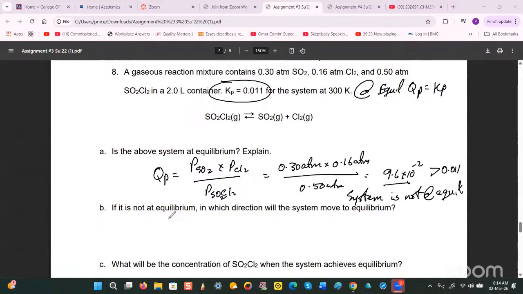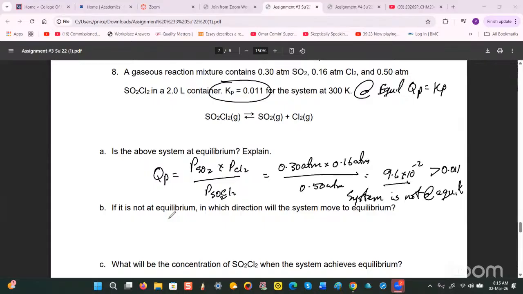So the question is asking in the B part, if the system is not at equilibrium, which it is not, in which direction will the system move to equilibrium, right? Now, in this case, we know that Qp is greater than Kp, right? So basically, you need the system to shift in such a direction such that the Qp would be reduced, right?